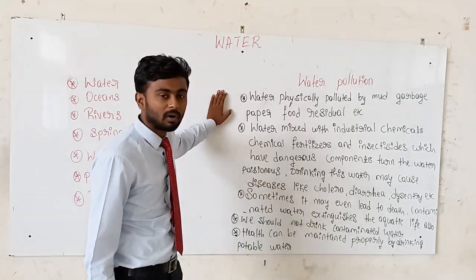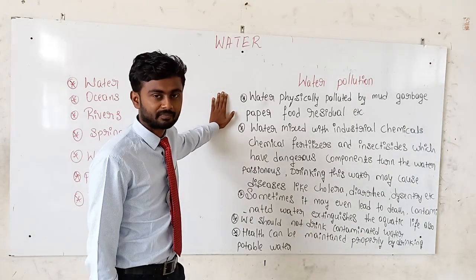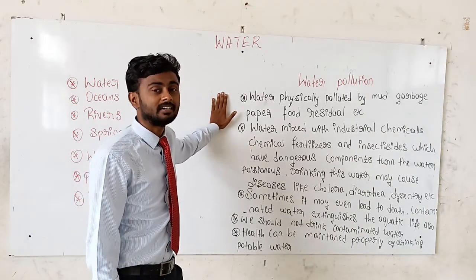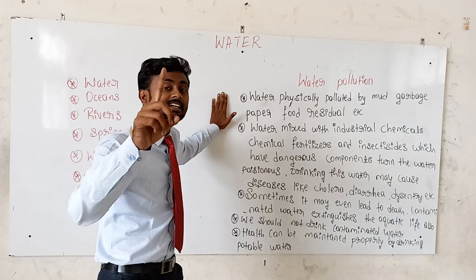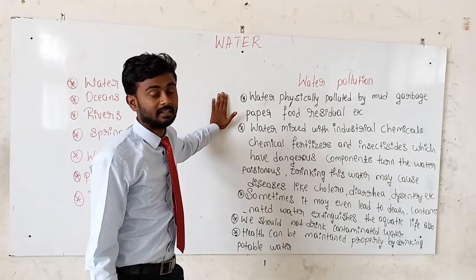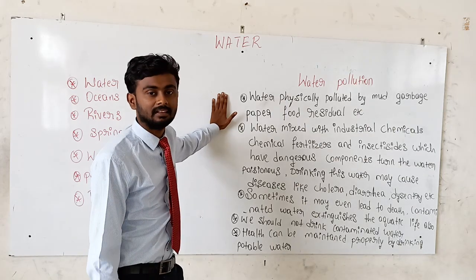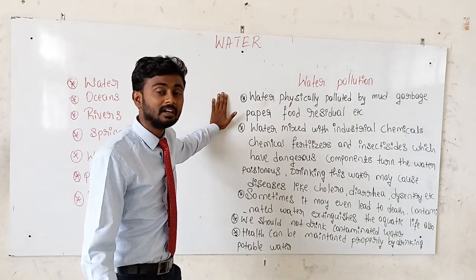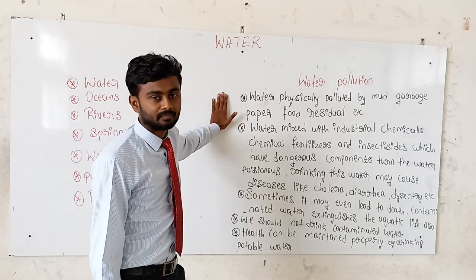Contaminated water is polluted water. That polluted water, that contaminated water, greatly affects the living system. It disturbs the health of living systems, and it disturbs the animals' health also.